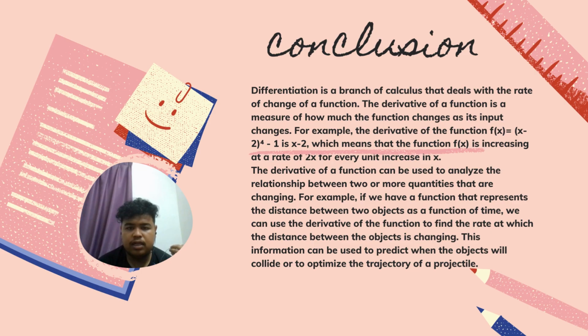For the conclusion, differentiation is a branch of calculus that deals with the rate of change of a function. The derivative of a function is a measure of how much the function changes as its input changes. For example, the derivative of the function f(x) equal to x squared is 2x, which means that the function f(x) is increasing at a rate of 2x for every unit increase in x.